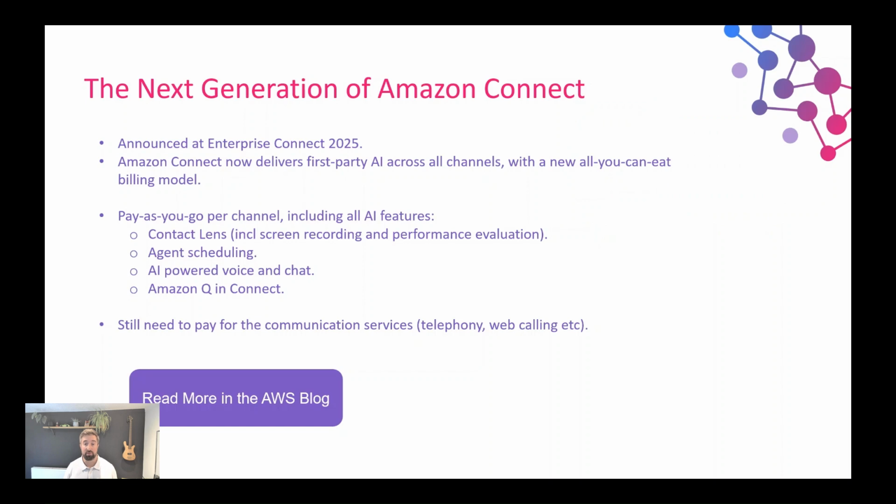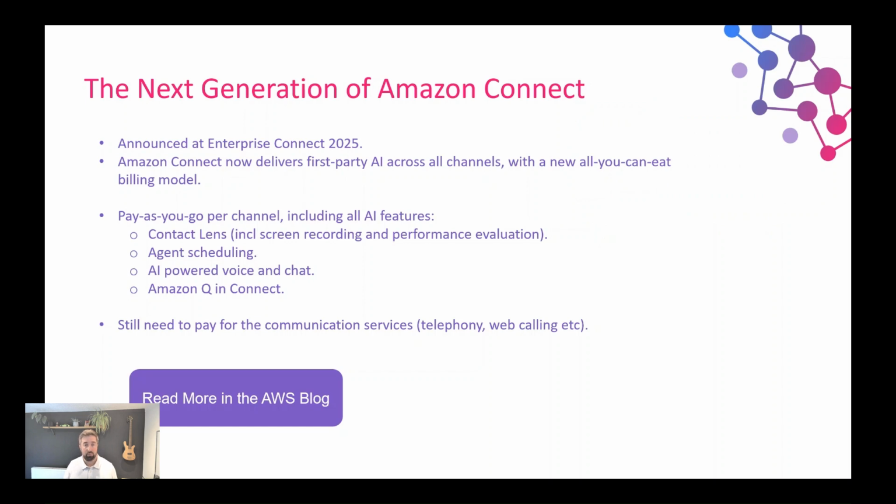The next generation of Amazon Connect packages together unlimited use of all first-party AI services for Connect into a single bundle with all-inclusive consumption-based pricing for everything. It includes all of the AI features which you can turn on and have billed separately, things like contact lens, including screen recording and performance evaluations, forecasting, capacity planning and scheduling, and also Amazon Q in Connect.